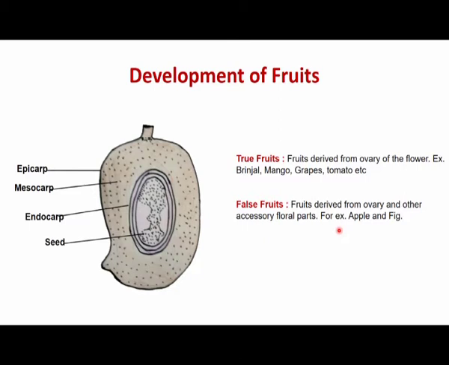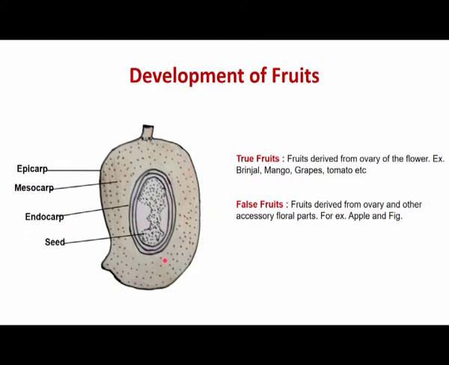So, why is there fruit formation? The fruit is formed in the angiospermic plant because it has multiple roles. One role of the fruit is that it normally has a large protective covering outside the seed.